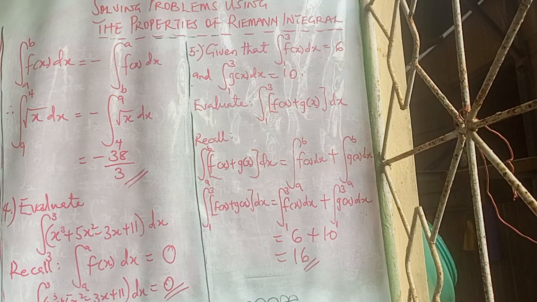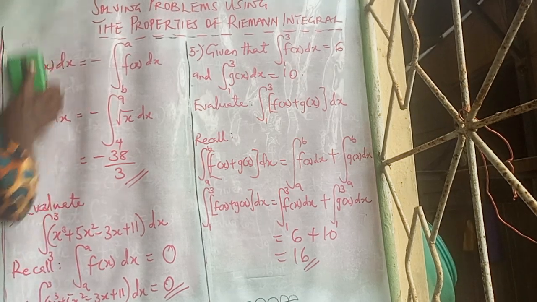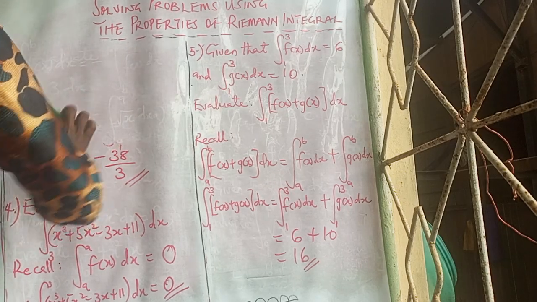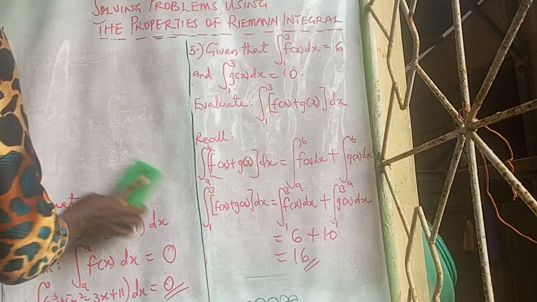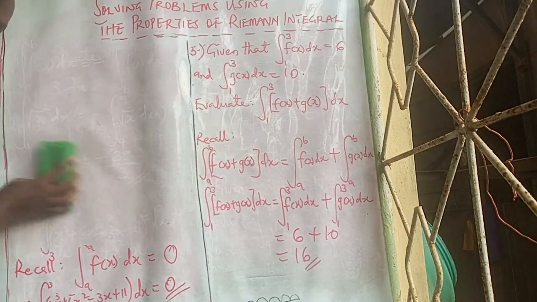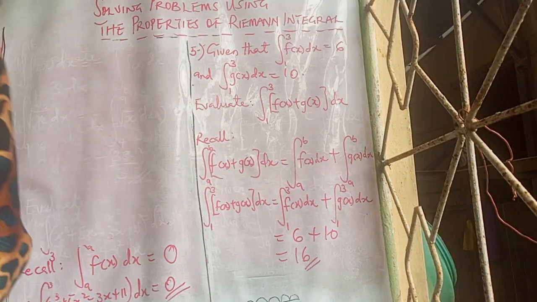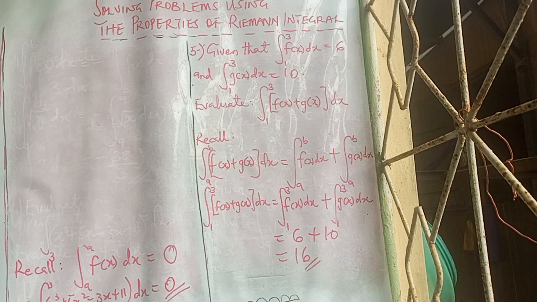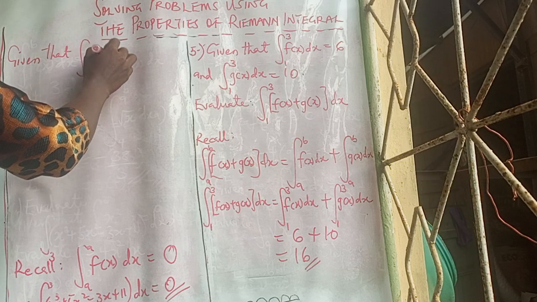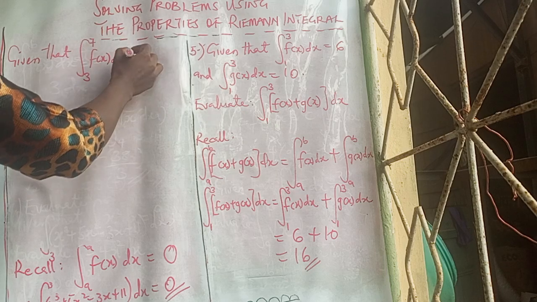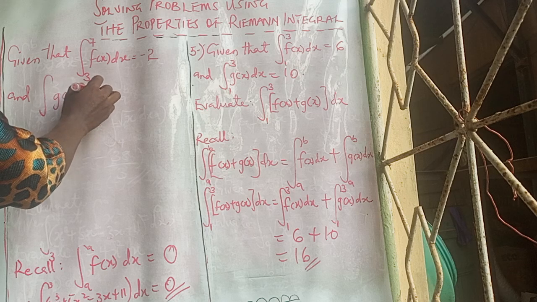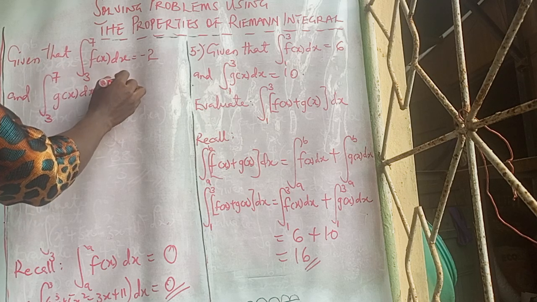Take another example, just to show us how to make use of the properties of the Riemann integral in solving problems. It says, given that the integral of f of x dx from 3 to 7 is minus 2, and the integral of g of x dx from the same 3 to 7 is equal to 9.